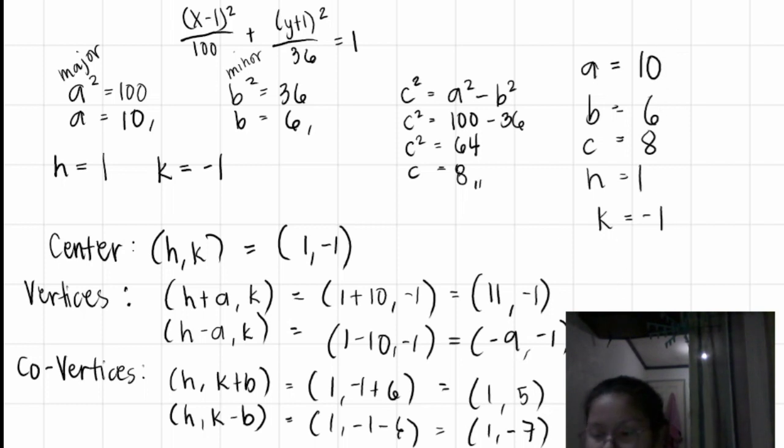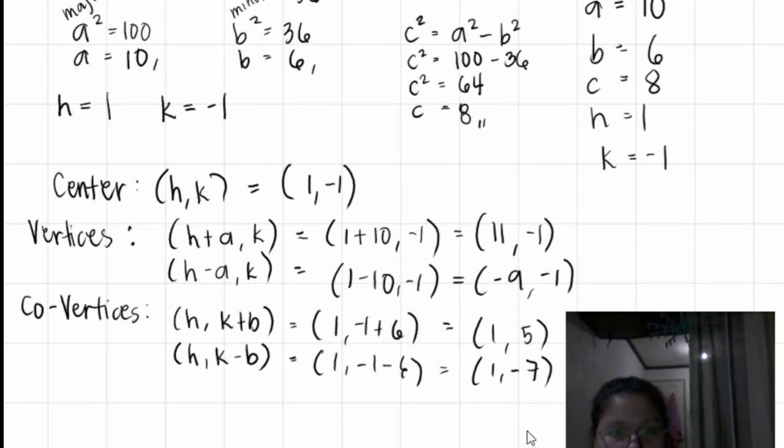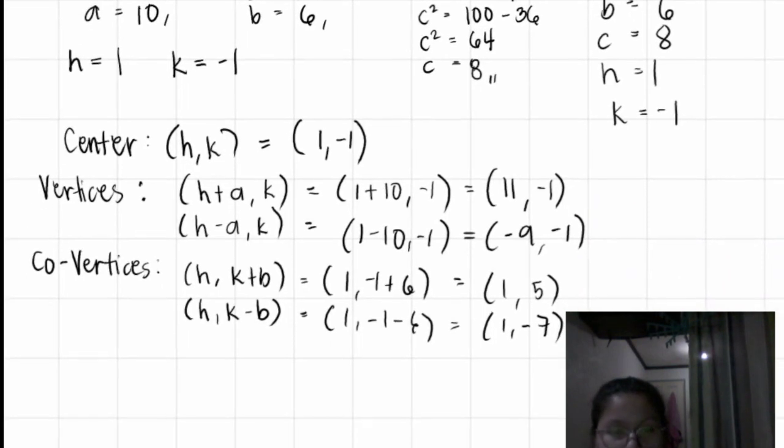Okay, so next naman natin is si foci. So, angat lang natin ng konti. So, si foci naman is, yan. So, ang foci natin, ang formula naman para makuha si foci is, di ba si foci ay dalawa?